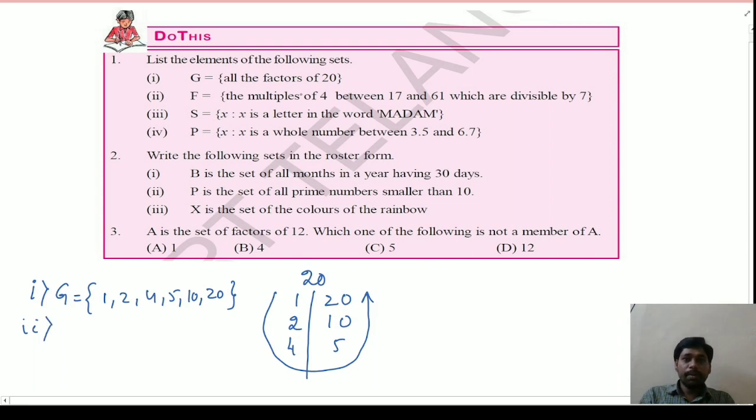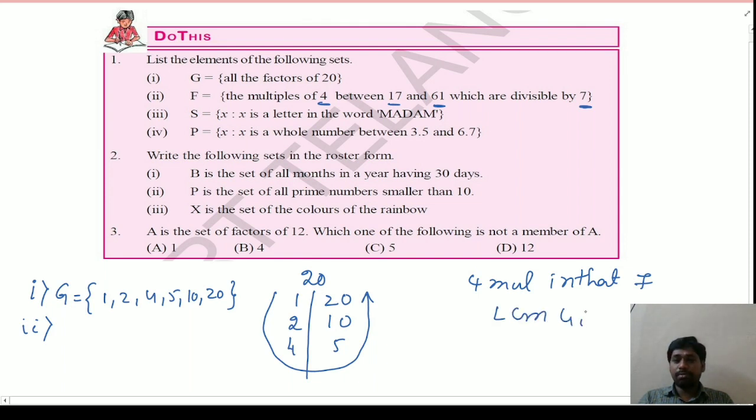Next, F is the set of multiples of 4 between 17 and 61 that are divisible by 28. Just do simply: which are multiples of 4, they should also be divisible by 7. Then take the LCM of them.